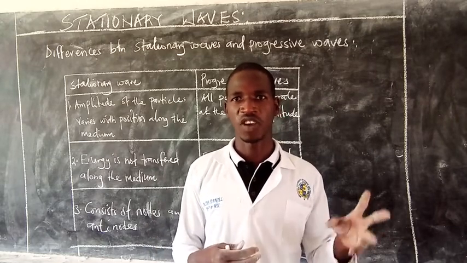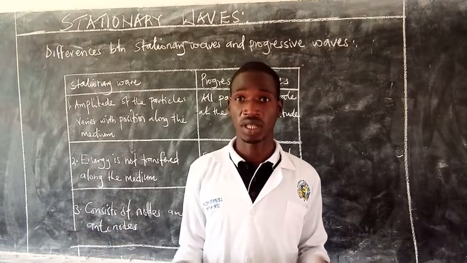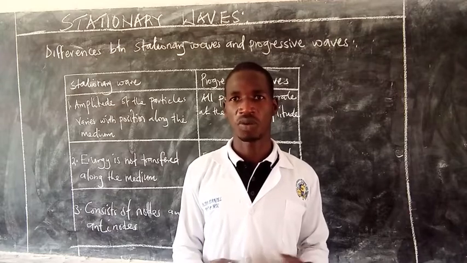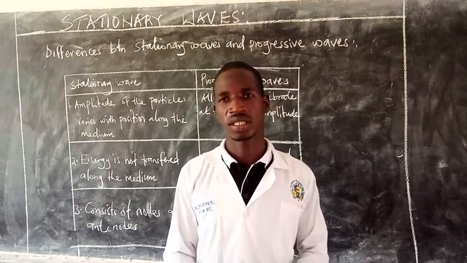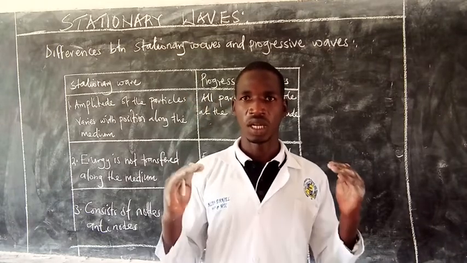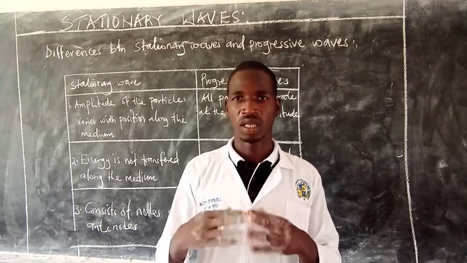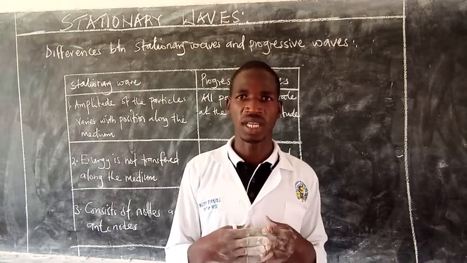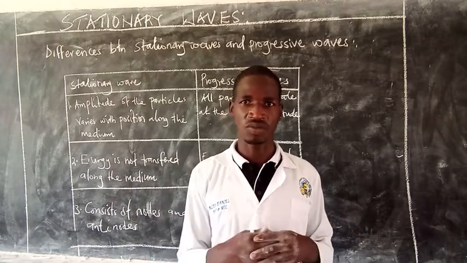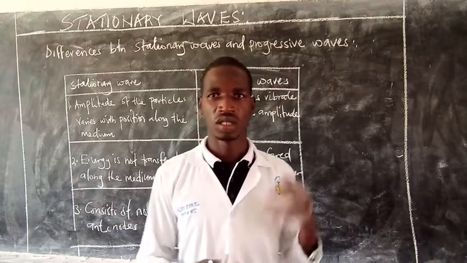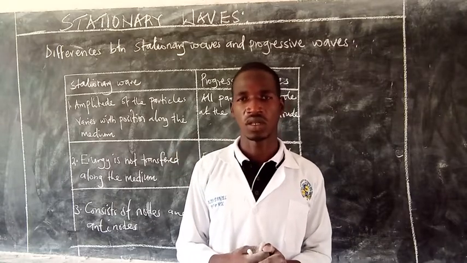You find particle A is vibrating with a certain amplitude, particle B is vibrating with another amplitude, but along the same medium. What about progressive waves? You find all particles are vibrating at the same amplitude. Let's say 2 meters, then all of them will vibrate at 2 meters. If 3 meters, all of them will vibrate at 3 meters. Unlike in stationary waves where others are vibrating at 3 meters, others are at 2 meters, and so forth. So that makes a difference between the two.